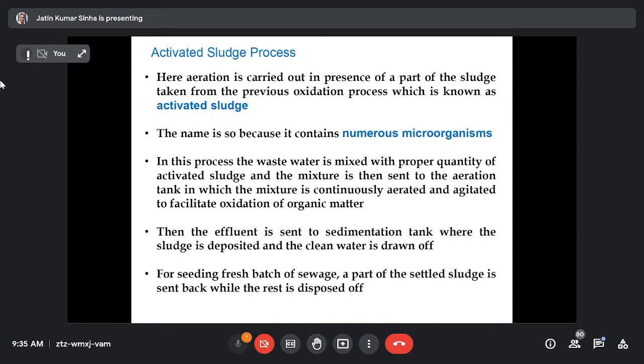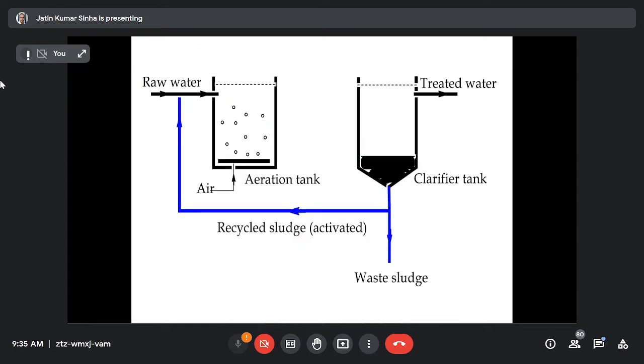Okay, there's a schematic for the activated sludge. Here the raw water enters this tank, and you have this activated sludge, and from the bottom the air is coming. After treatment, all these organisms settle down at the bottom. That is your activated sludge.